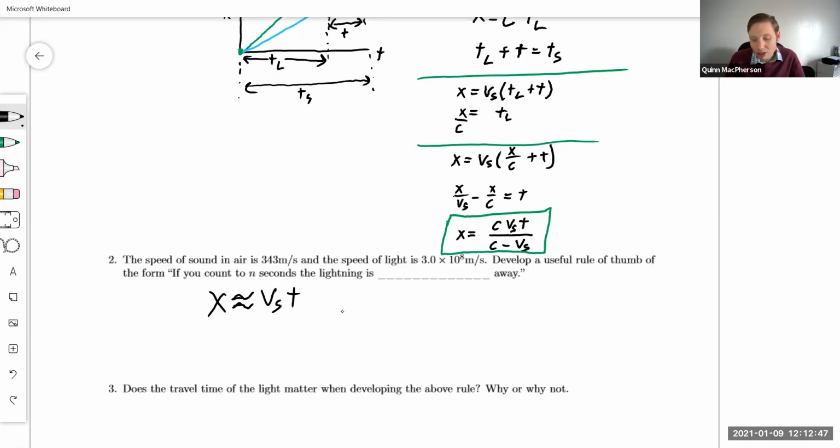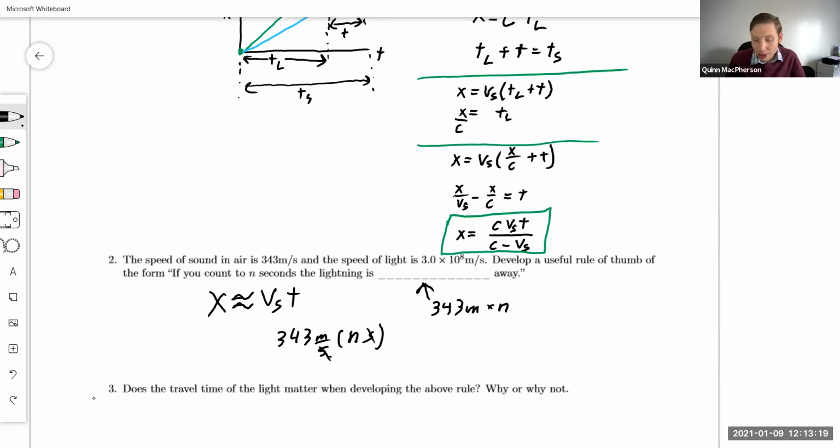For practical purposes, the distance is just equal to vs times t. So basically n seconds means it's 343 meters per second times n seconds. We can cancel the seconds, and we get 343 meters times n.